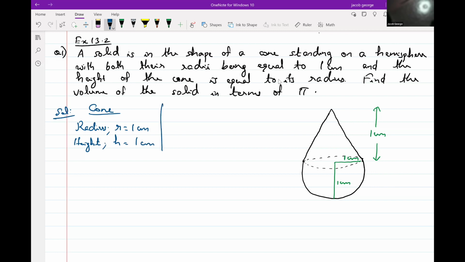For the hemisphere, radius r is 1 centimeter.